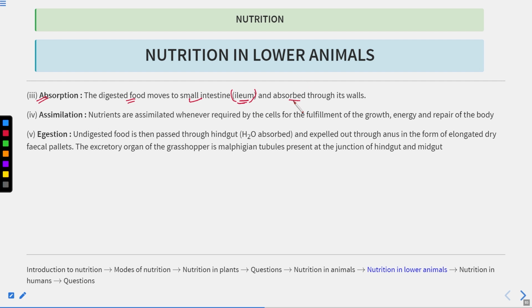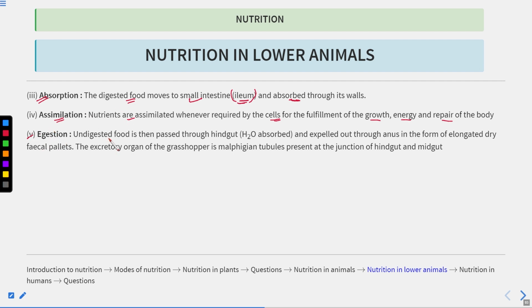After absorption, all the nutrients, minerals, and water mix into the blood. Next is assimilation. The nutrients are assimilated whenever required by the cells for growth, energy, and repair of the body parts.